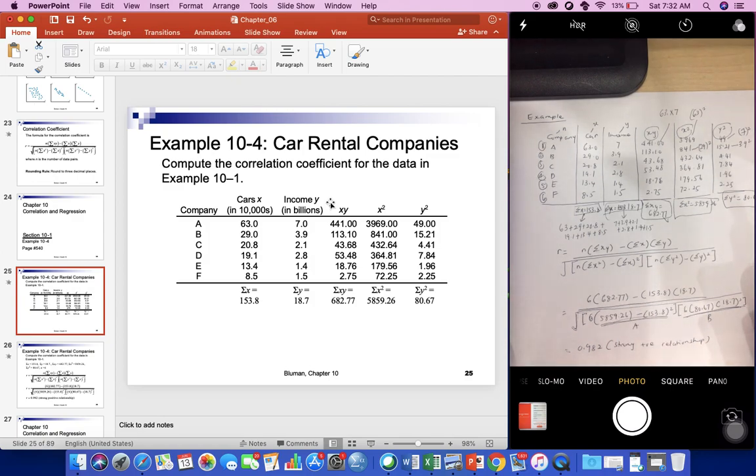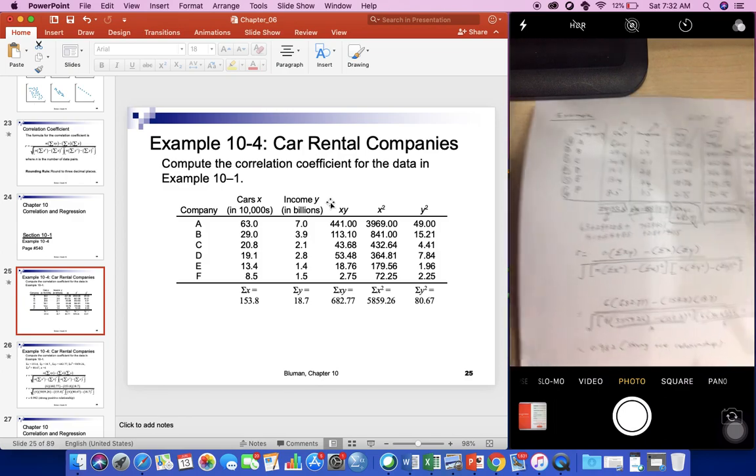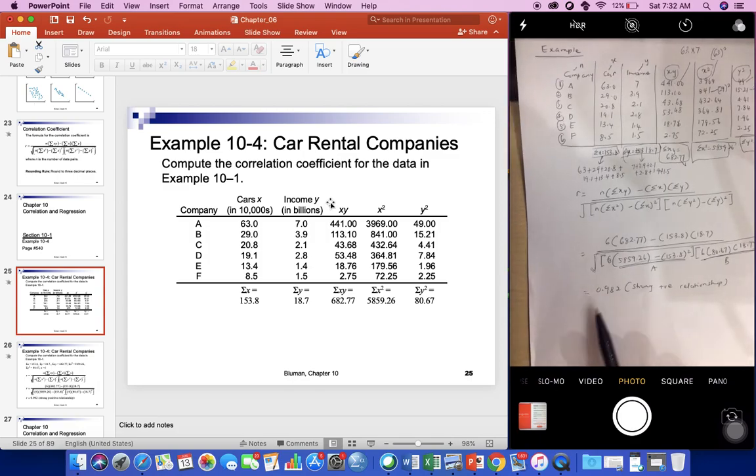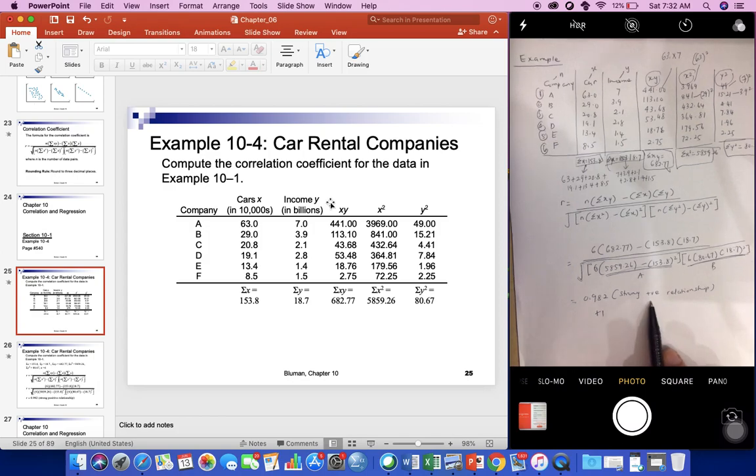So d over c. The answer is 0.982. So 0.982 is close to positive 1, meaning that your relationship is a strong positive relationship.